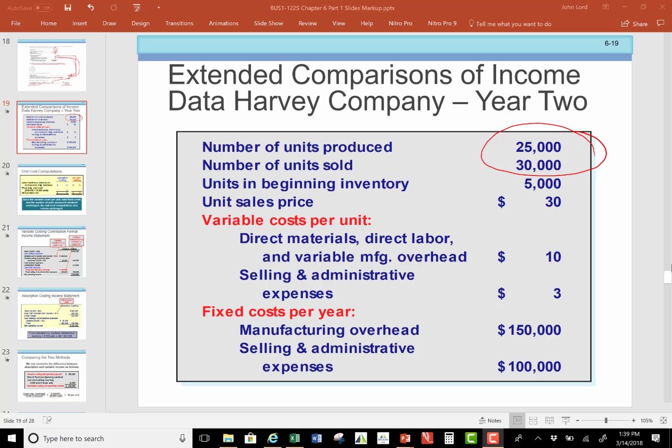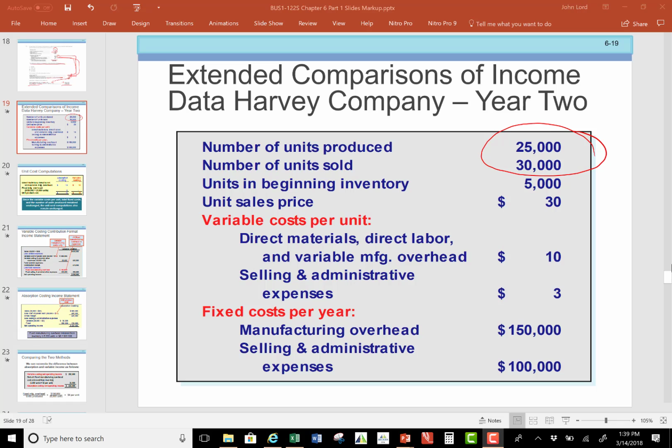Under absorption, the fixed manufacturing costs are not automatically expensed. They are included as part of our inventory until we finally do what? Sell those inventory items, at which time the fixed manufacturing overhead that is included in our inventory is released from the balance sheet and then ends up being expensed on the income statement.